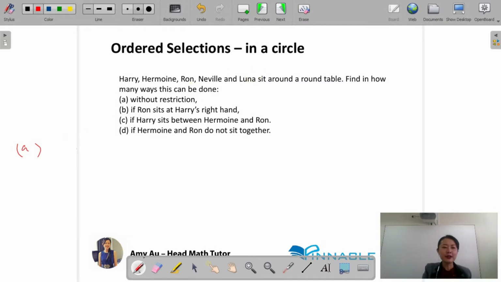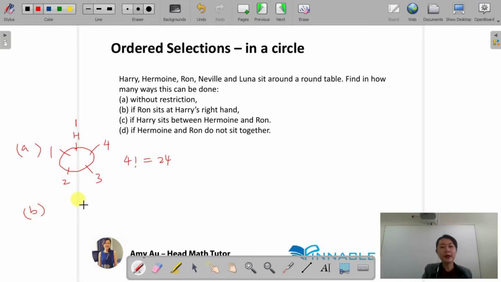One person has to sit down first, so let's say Harry sits down first. One way to put Harry down, and everybody else just refers back to Harry. So then 4, 3, 2, 1. So 1 less than a straight line. 4 factorial, which is 24.